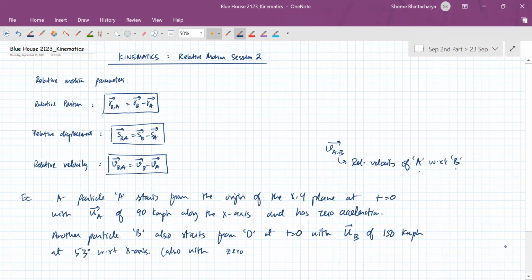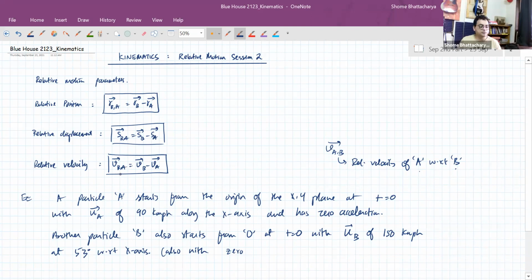Yes, sir. Whereas here when we have written B comma A, this is a relative velocity of B with respect to A, kind of situation.